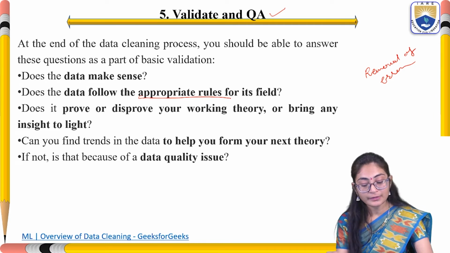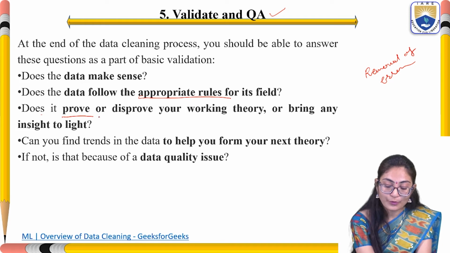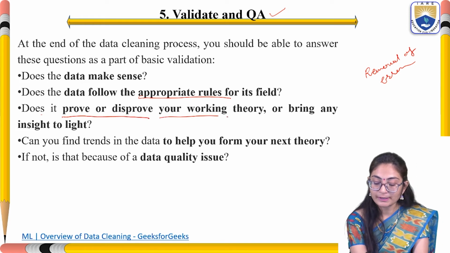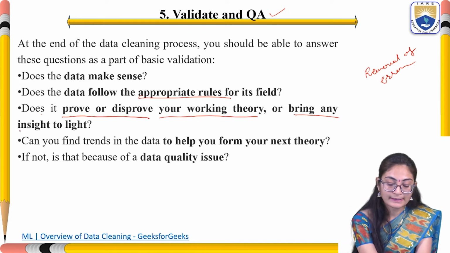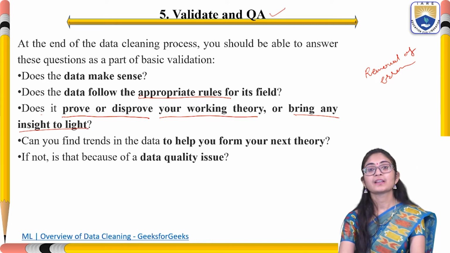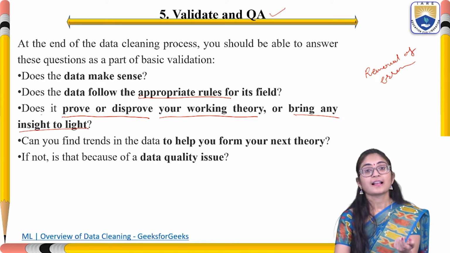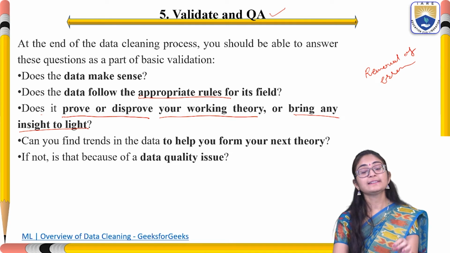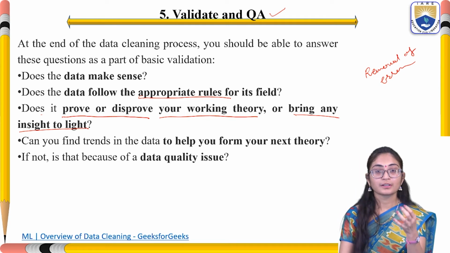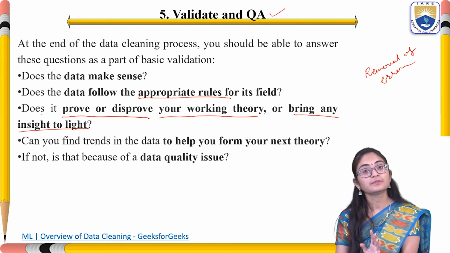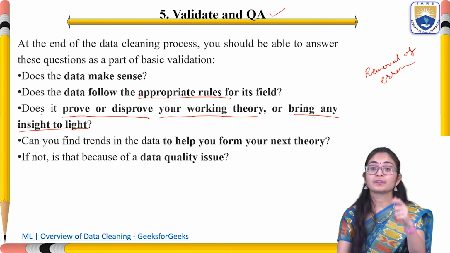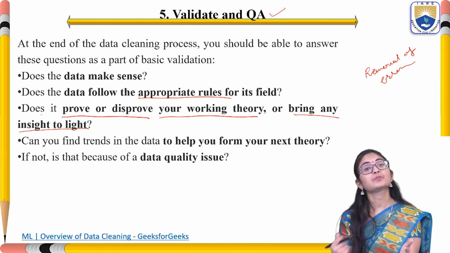Then the third one is: does it prove or disprove your working theory, or bring any insight to light? Your result is proving or disproving the working theory. That means at the end you got some result.